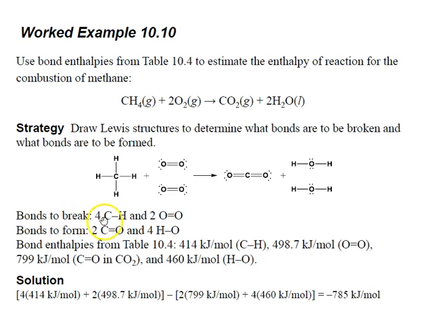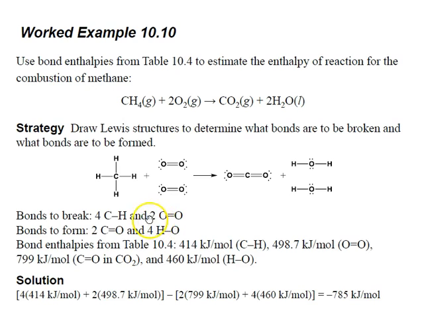The bonds that are broken here, if you look at carbon in the product and carbon in the reactant, carbon in the product just has oxygens attached to it, no hydrogens. So that means we're breaking 4 carbon-hydrogen bonds. We can also see that the reactants have these oxygen-oxygen double bonds, but then in the product we don't have those.